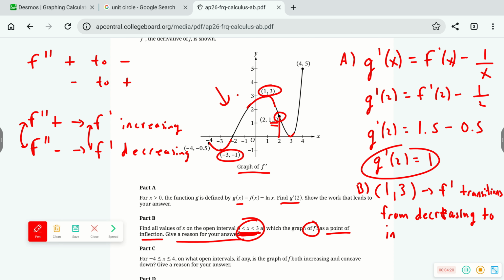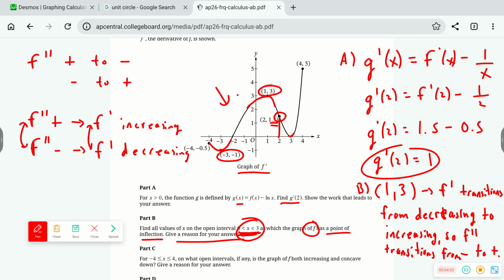So increasing. So f double prime transitions from, let's say, decreasing negative to positive. Okay, which is what that is. That's what point of inflection is. Remember, the reader of this test, you got to let them know that you know what you're talking about. If you say 1, 3, who's to say that you just didn't luckily guess 1, 3?